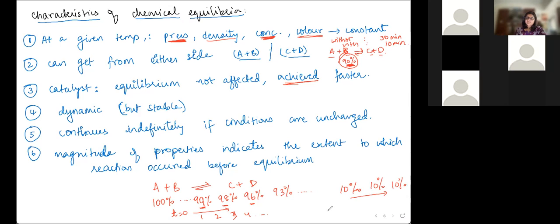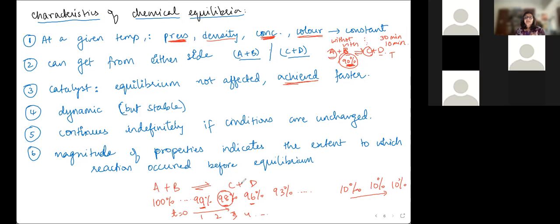So then can we say that the concentration at equilibrium of reactant and product is like 50-50? No. That's what I was explaining, Ritu. That completely depends on what reaction it is: what the reactants are, what the products are, what temperature it's happening at, all of those factors. Equilibrium can be established at any point of time. It can be established immediately once the reaction starts, when only 2% of the reactant gets used up, when it is at 98%.